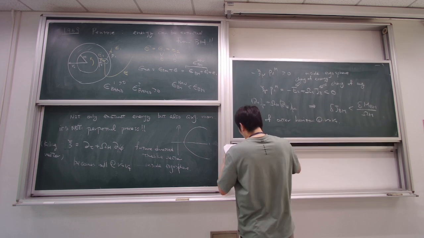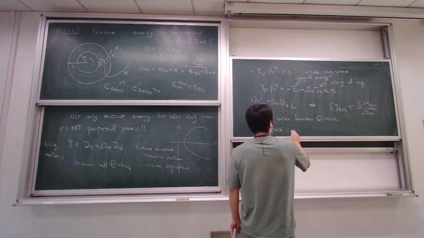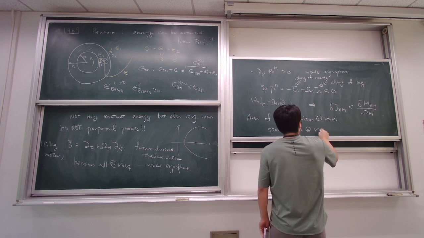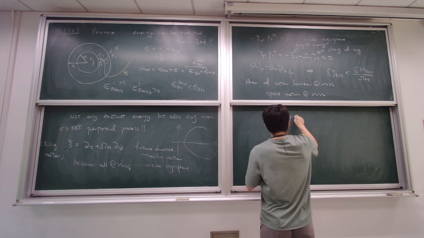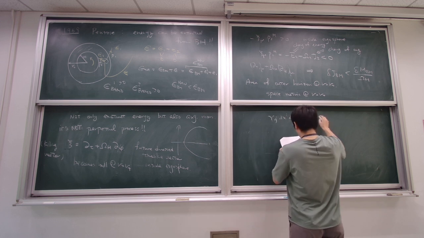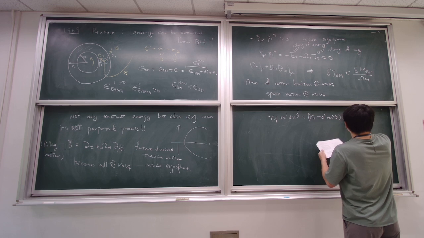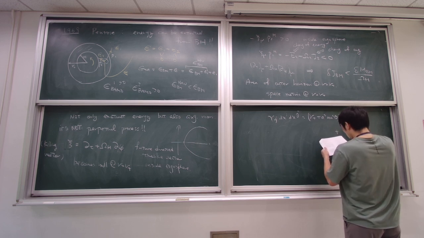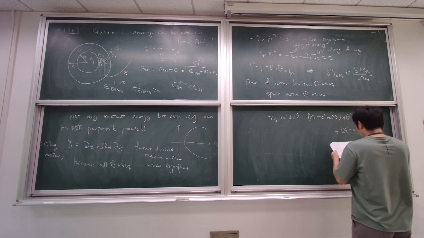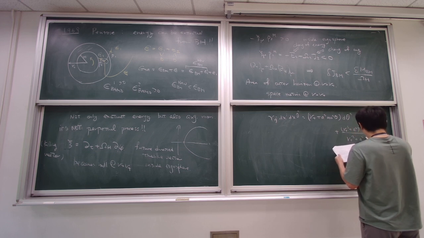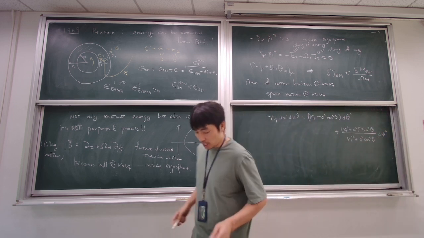In this case, we just need to consider the space metric at r equal to r plus, which is as follows: gamma ij dx^i dx^j is equal to (r plus squared plus a squared cos squared theta) d theta squared, plus sine squared theta divided by (r plus squared plus a squared cos squared theta) times d phi squared. Those are the induced metric at the outer horizon.